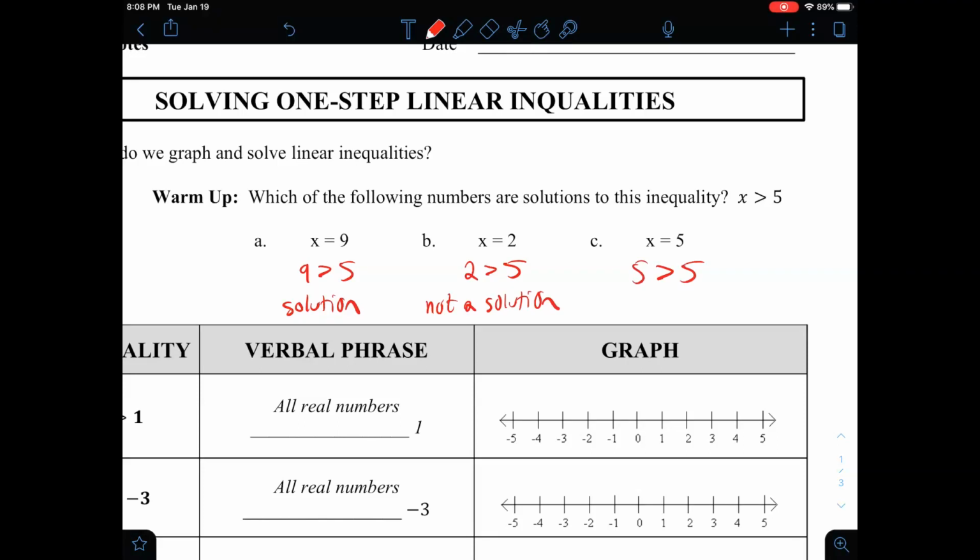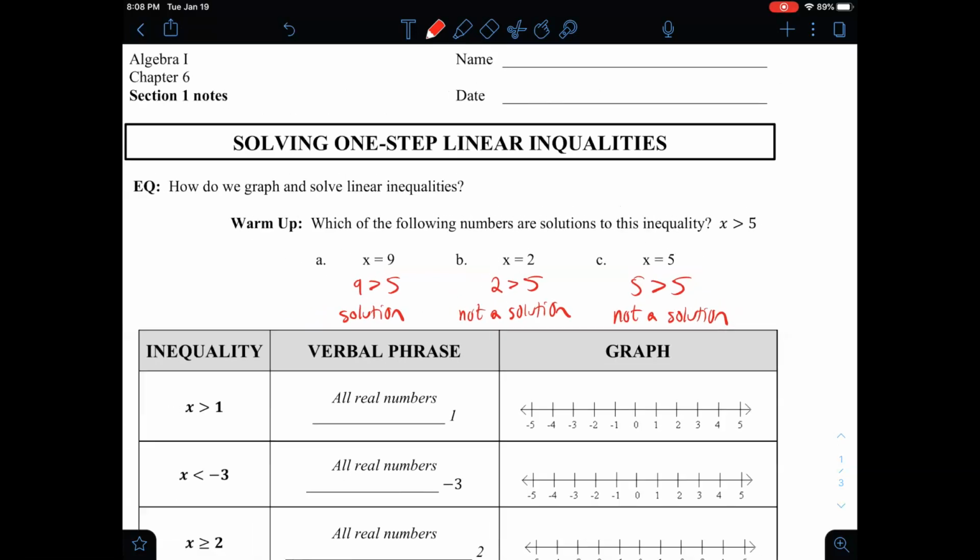You may have been tempted to say it is a solution, but 5 is not greater than 5. 5 is equal to 5. If it had this line underneath it, which means equal to, that would be true, but 5 is not greater than 5, so this is not a solution. It needs to be exactly true.